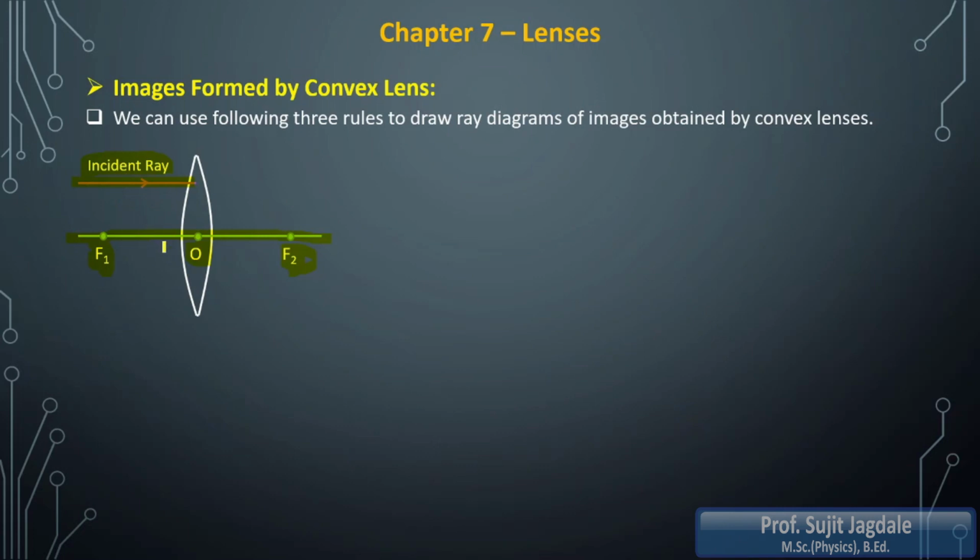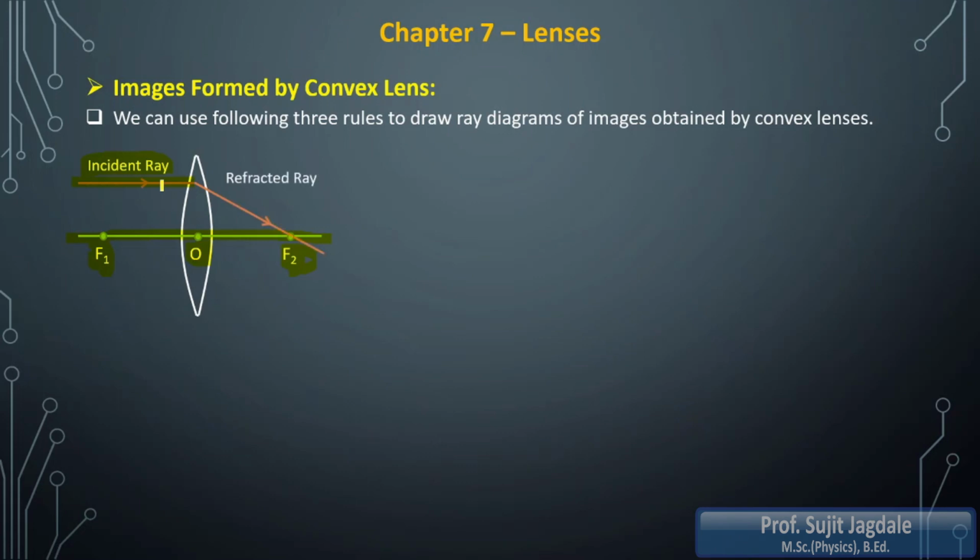If we compare the directions of the principal axis and the incident ray, we can conclude that in this first rule, the incident rays are traveling parallel to the principal axis. Here I have shown only one ray as a sample. You can show 2 rays, 3 rays, no problem; as many rays as you want can be shown, but here I am showing only one ray.